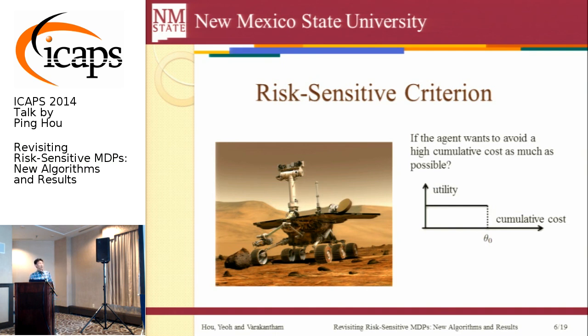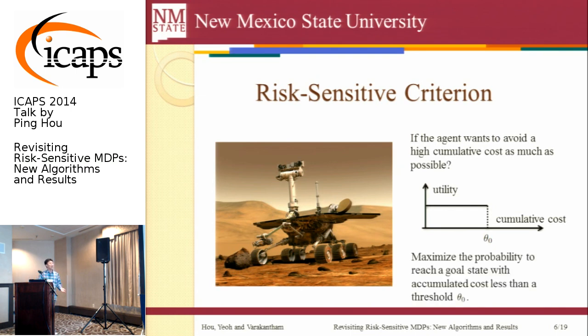Otherwise, if the accumulated cost is bigger than theta 0, then they get no utility. So for this kind of situation, a more reasonable criterion is that the agent needs to maximize the probability of achieving the goal, with the accumulated cost less than the resource it holds.